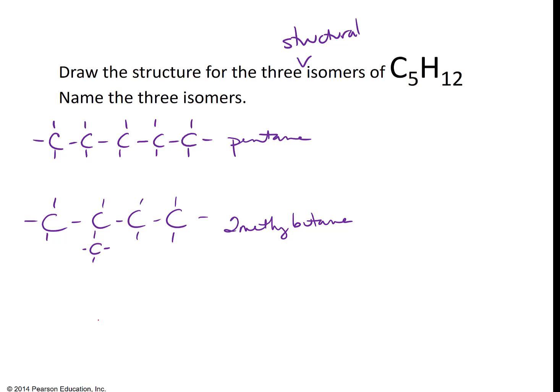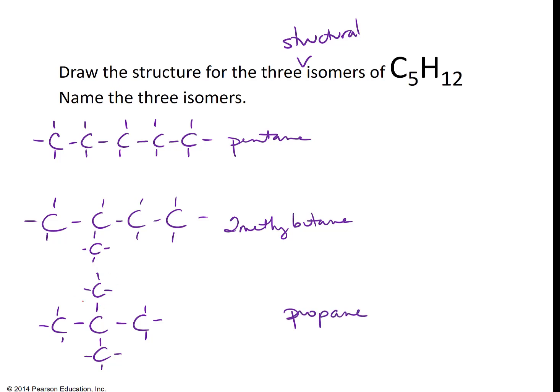So I could do what? Is that 1, 2, 3, 4, 5, 6, 7, 8, 9, 10, 11, 12 hydrogens? It's named for 3 carbons in the longest chain, so that would be a propane.